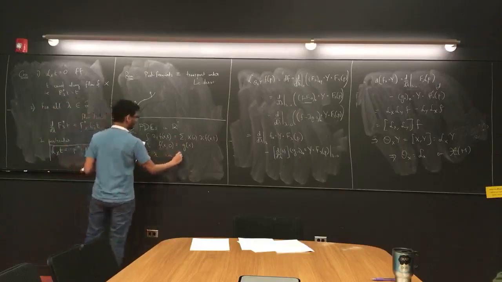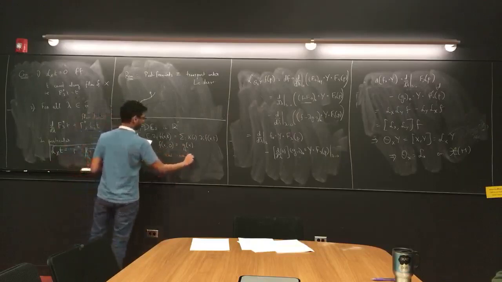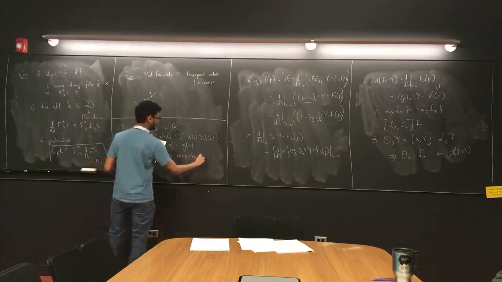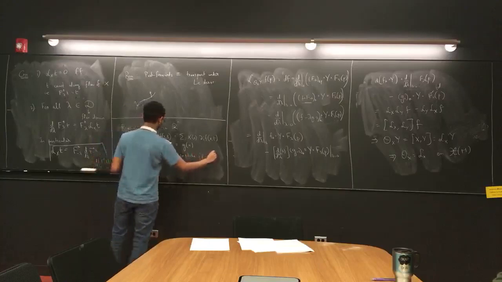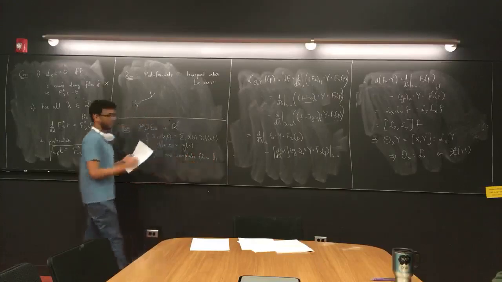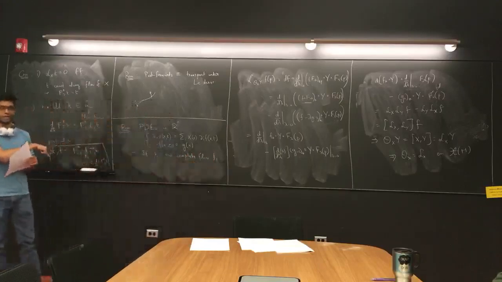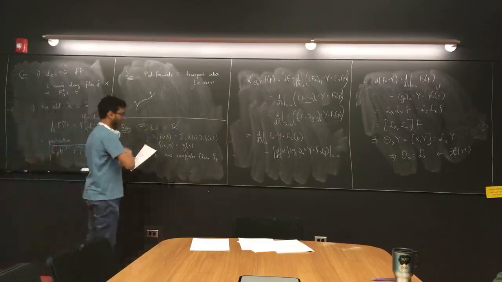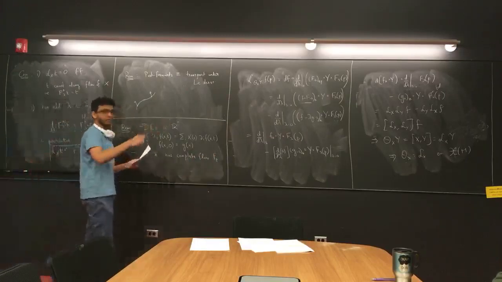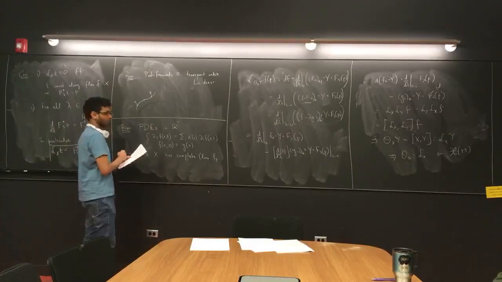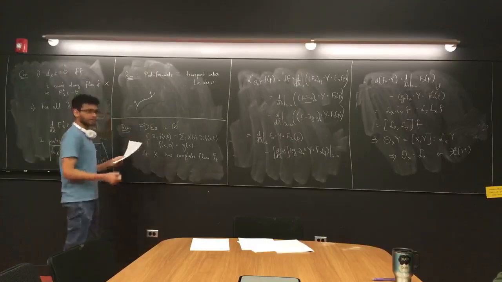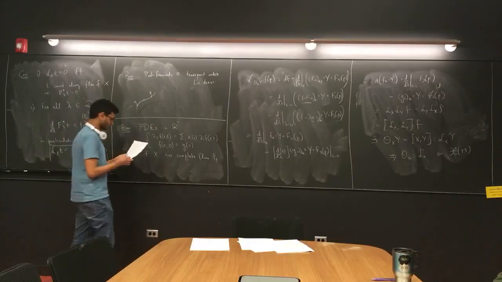If this vector field x has a complete flow f sub t, remember that a flow is complete if the flow domain is all of M cross R. So you can keep flowing for all values of time, going all the way to infinity. It doesn't truncate after a finite amount of time.